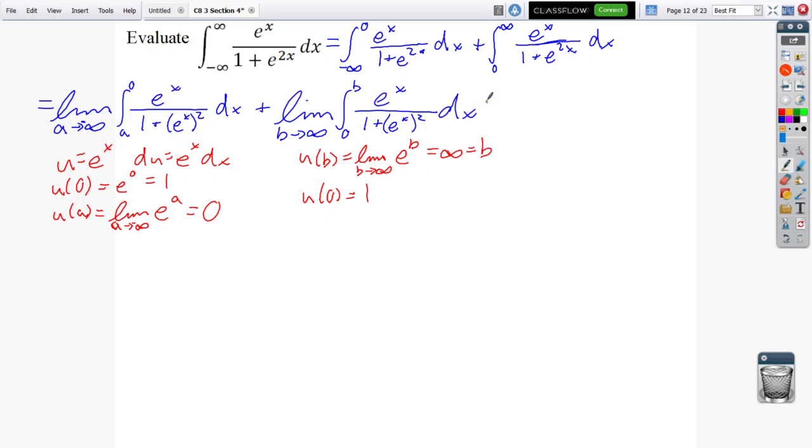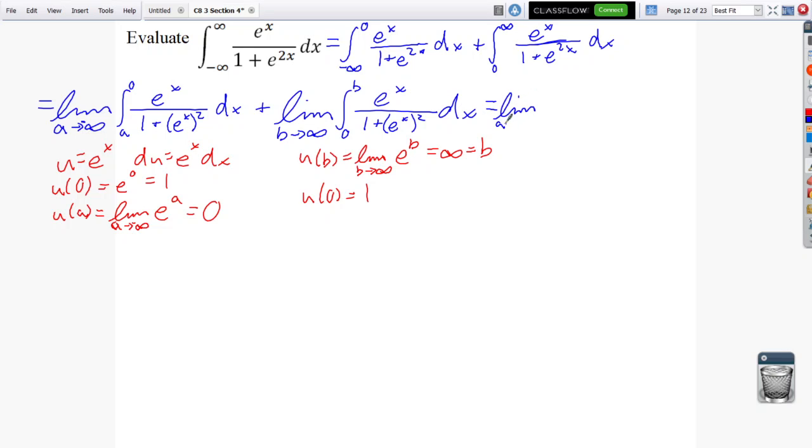So now rewriting my integrals here, I'm going back to blue to demonstrate that I'm still doing this work here. Limit as a approaches negative infinity, not going to forget that negative now. Integral from, no, again, we want our lower limit, it was a. Oh, it's now 0.